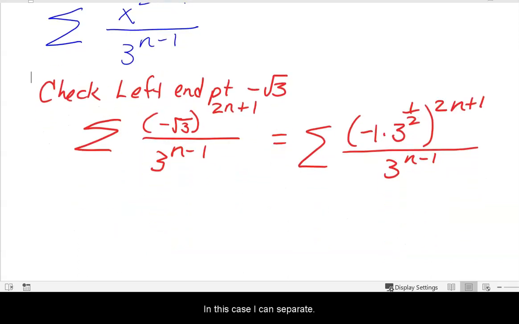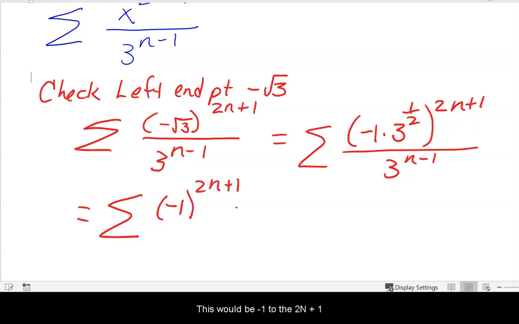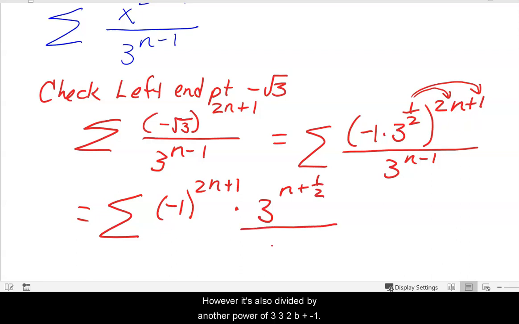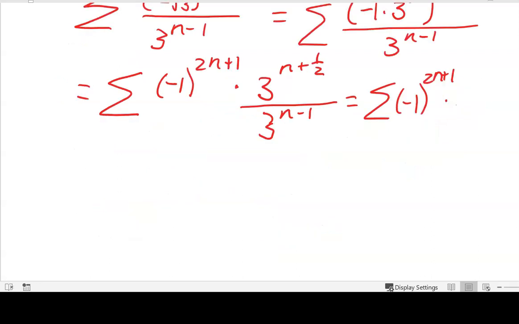In this case, I can separate the two and rewrite it in the following format. This would be -1 to the 2n plus 1 times 3 to the, well, I need to distribute the power, 1/2 times 2n and 1/2 times 1 would give me n plus 1/2. However, it's also divided by another power of 3, 3 to the n minus 1.